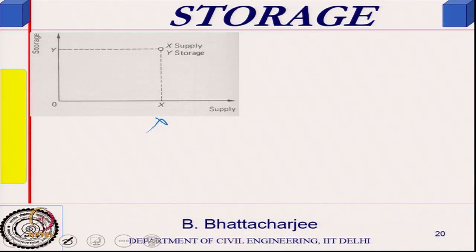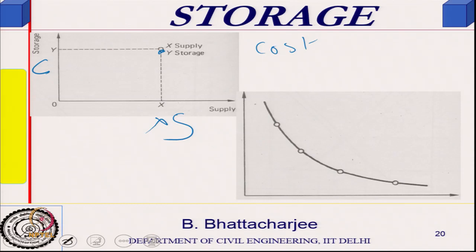X is, let us say, supply, or what I am calling S, and this is my C. For each S I can find out the cost, and I can plot it. This is basically a constant total cost value, a combination of C and S. So this is S, this is C, and this C and S satisfy it.